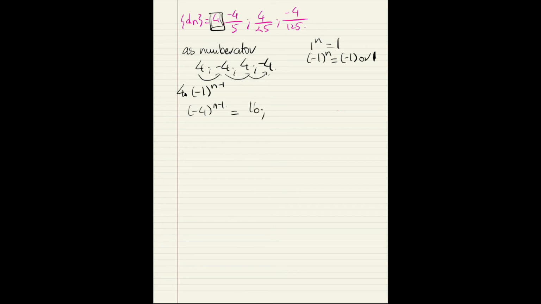If n equals 4, then 4 minus 1 is 3, and 4 to the 3 is 64, and so on, so we don't need to list it out right now. Okay.